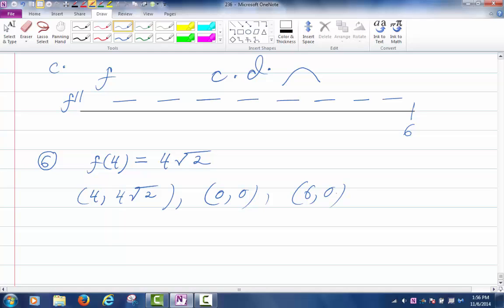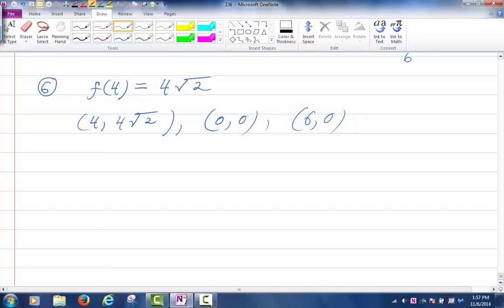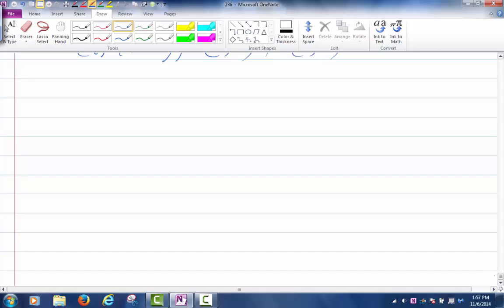So the first thing I'm going to do now is plot these points and then come up with the graph. So let's do that. What is the approximate value of 4 times root 2? Okay, so let's draw our x-axis right here.